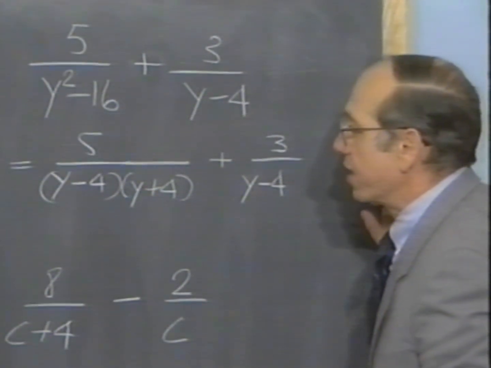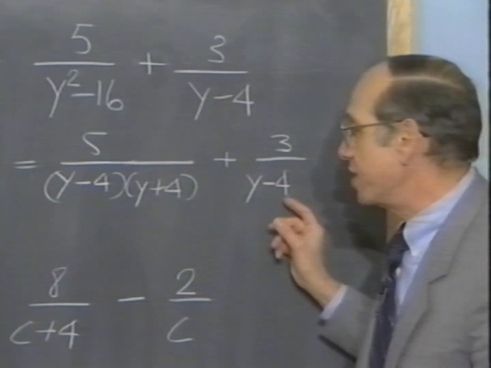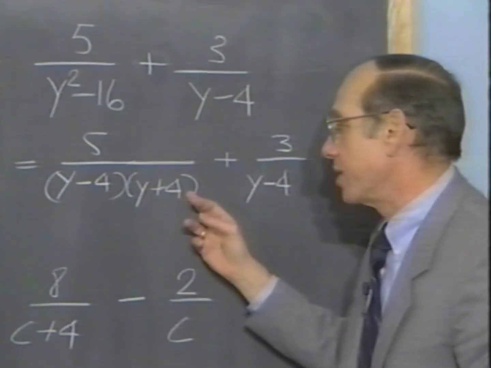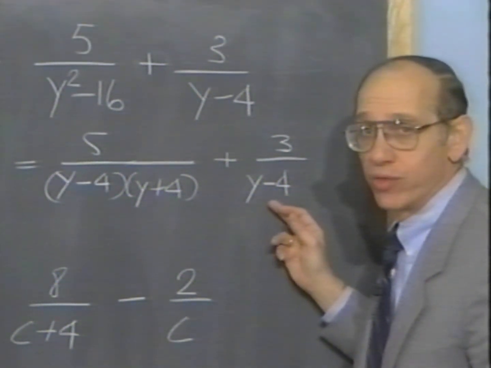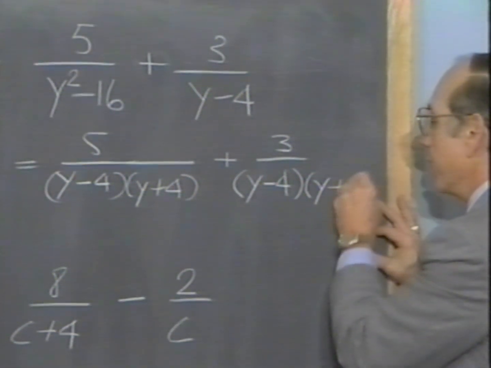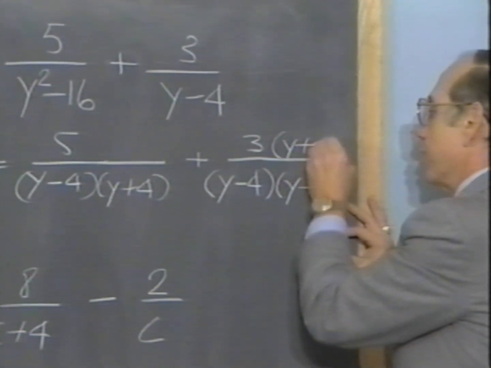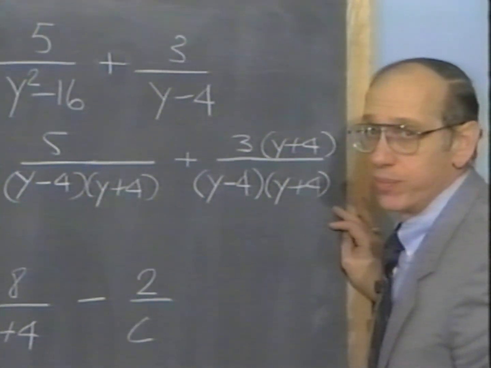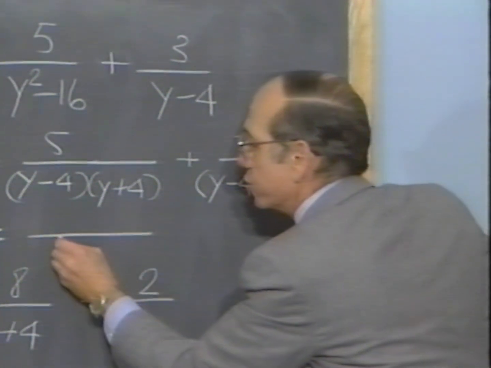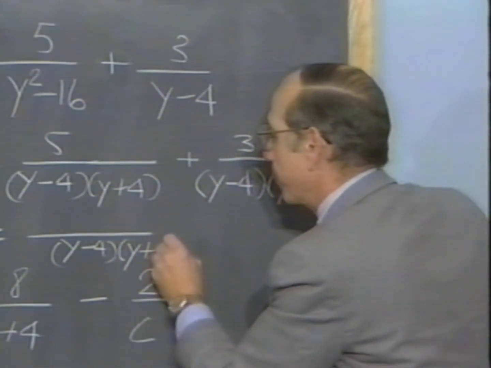And you can see that I can make these two denominators the same by simply multiplying the second one by the missing factor. Here I have y minus 4 times y plus 4. Here I have only y minus 4, so I want to multiply by y plus 4. Again, that means multiply the numerator by y plus 4 as well. Now we have a common denominator, which is y minus 4 times y plus 4.